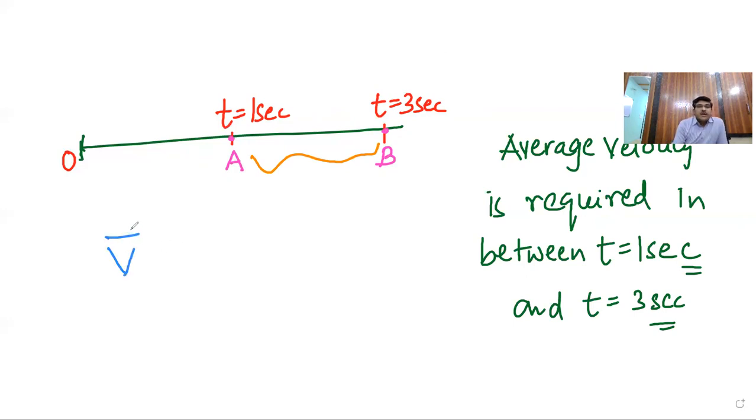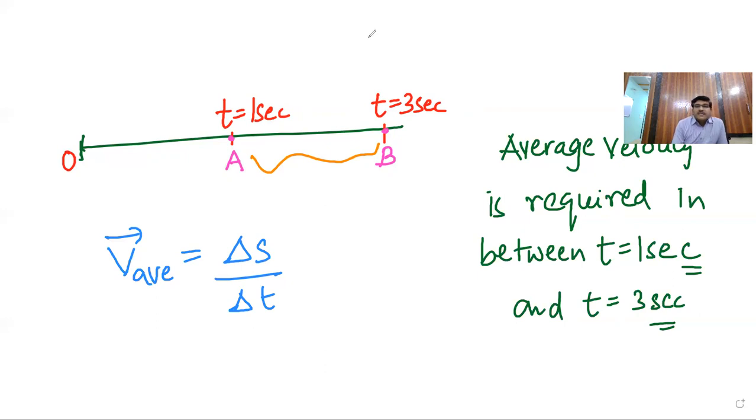You know, V average, V bar, is a vector quantity: delta S by delta T, change in displacement by change in time. We can also write the total displacement in between A and B by the total time period in between A and B, because in between A and B is only required. Now observe.